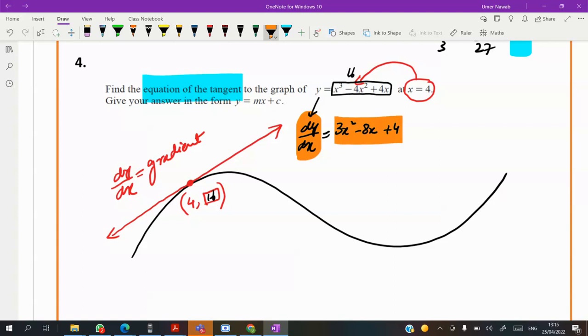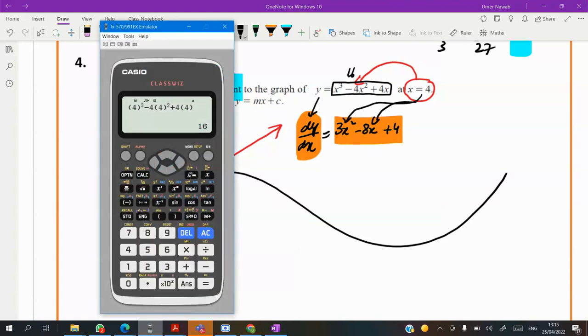Very good. Because you want the gradient of the tangent at which point? At this point. So what is the x coordinate? Can you plug x equal to 4 here? Because this will give us the numerical value of the gradient. So I go back to my calculator and write 3, bracket open. I'm not finding the y value, I'm finding the gradient at x equal to 4.